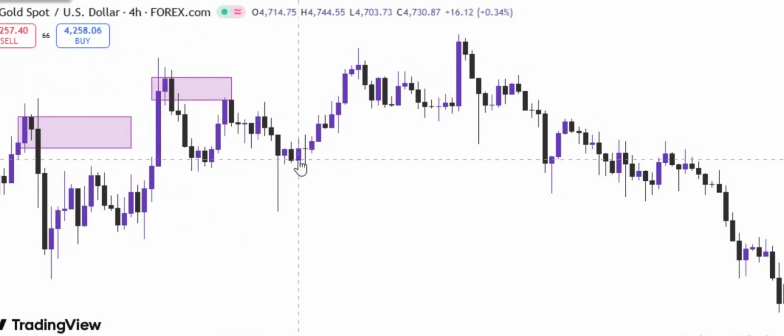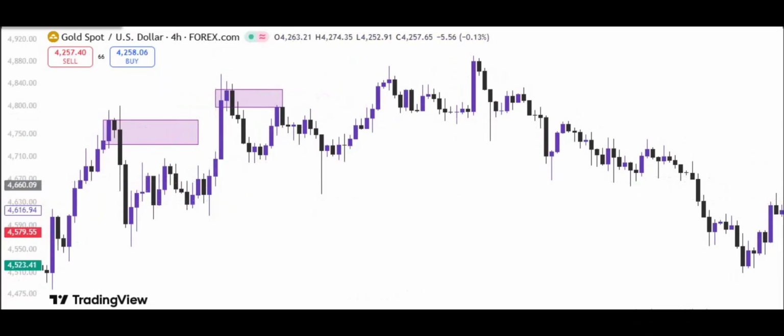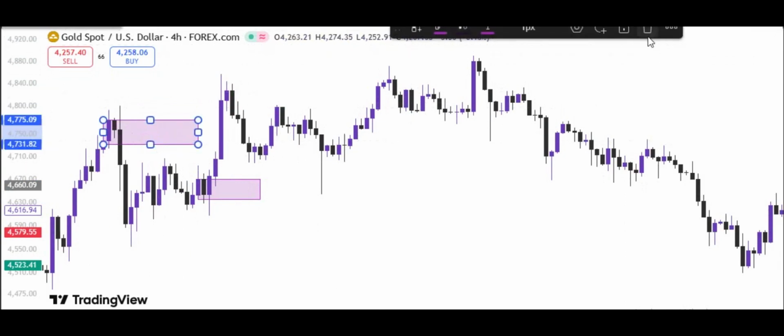So I'll look for whether the order block breaks a recent high or a recent low. If you look at this, this is also another block. This is a bullish order block, and this one, look at it. Let me take out all these so that it will not confuse us.